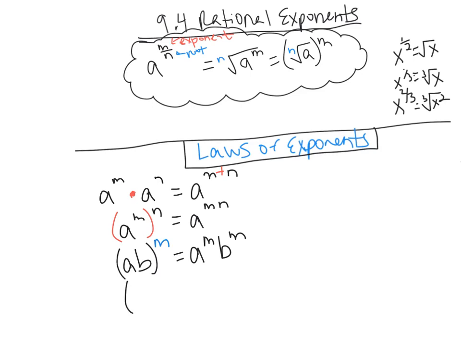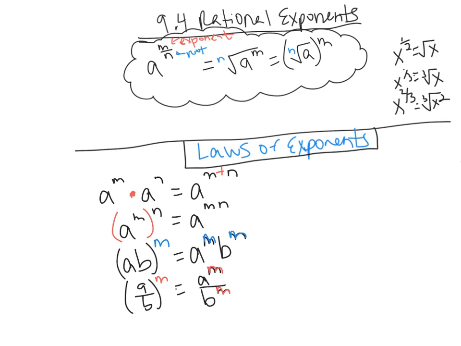Likewise, what if we have a fraction, a divided by b, again raised to the m power? Whether it's multiplying or dividing, I can distribute that exponent. So this would be a to the m over b to the m. Oh, I guess I should color code. This should be m. This should be m.